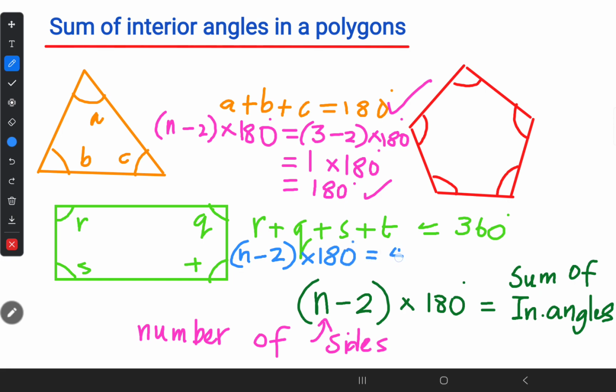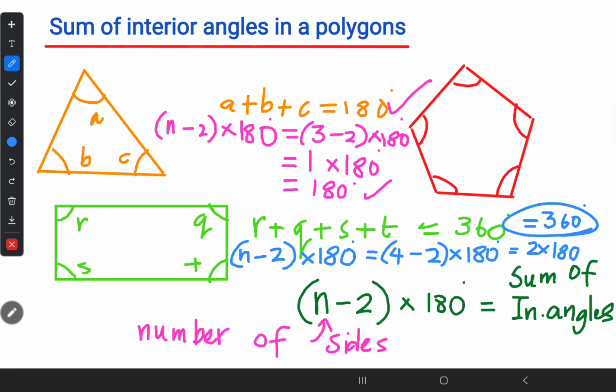There are 4 sides in the rectangle. 4 minus 2 should be multiplied with 180. 4 minus 2 is 2. 2 times 180 would be 360. Previously, we know that the sum of interior angles in a rectangle is 360. Again, hence that's proved. Now we know that the formula is perfect.